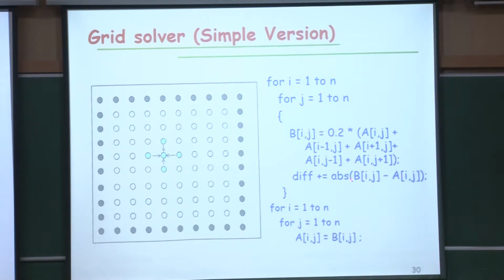After I do this, I copy bij back into aij and see if the sum of these absolute differences is less than a certain threshold. If it is not less than the threshold, I iterate over. Essentially I do an averaging operation. This is typically done in many image processing applications, and also in various other numerical computations.